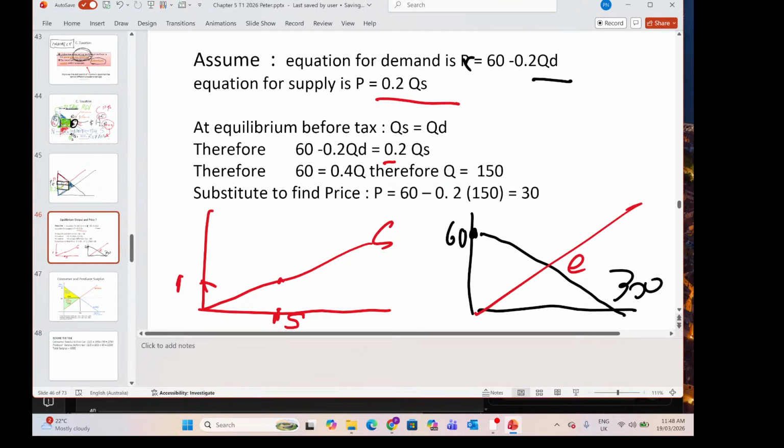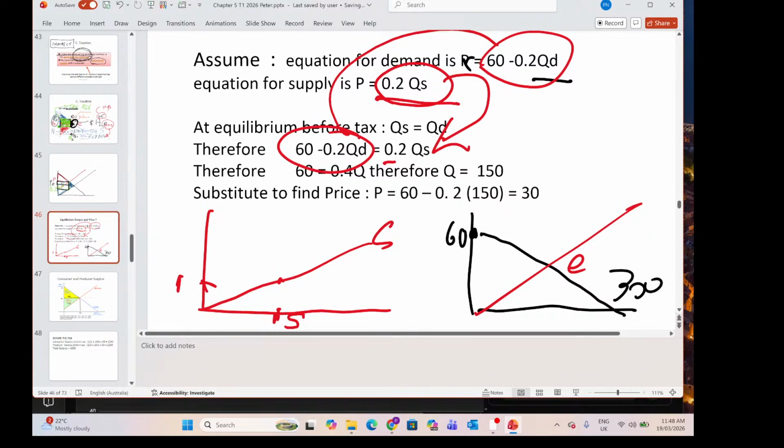So we make the supply equal to the demand, and we move our numbers around. We put all the quantity on the right-hand side. We're going to have 0.4 of quantity will equal 60, so the equilibrium quantity will be 150.